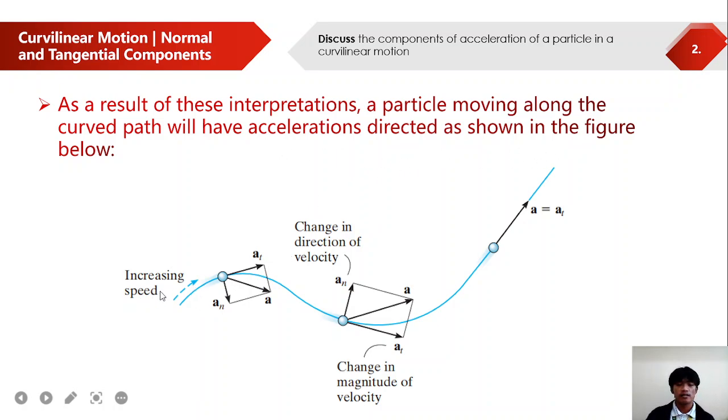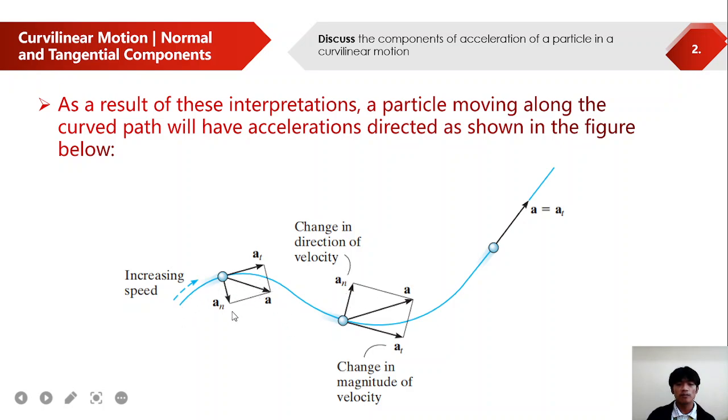In this first scenario, the speed is increasing. Therefore, it has both a normal and a tangential component. The next scenario is a change in the direction of the velocity. It is always concave.